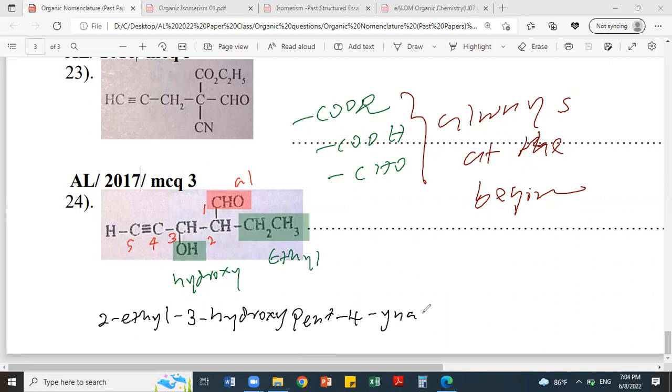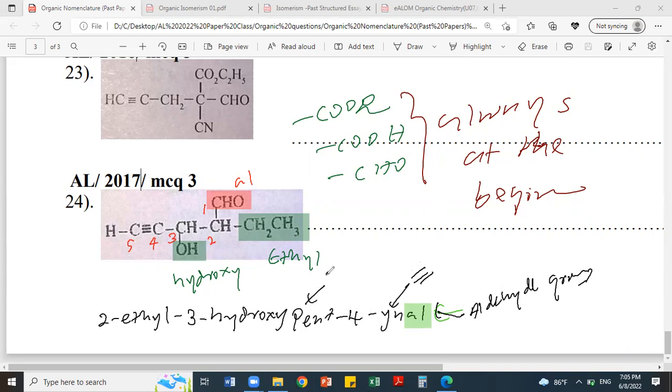So you just write ynal. Why al? Because of the aldehyde group, the main functional group. Then yn because of the triple bond, attached to the fourth carbon, that's why 4-yn.